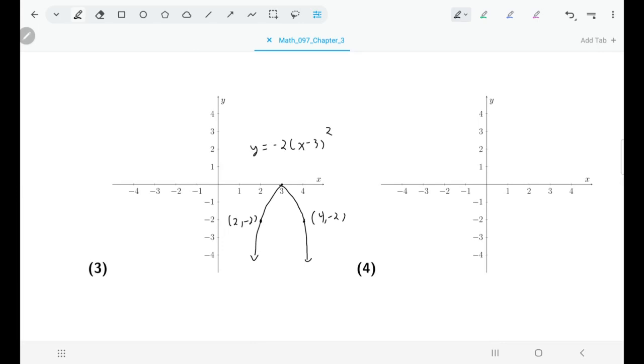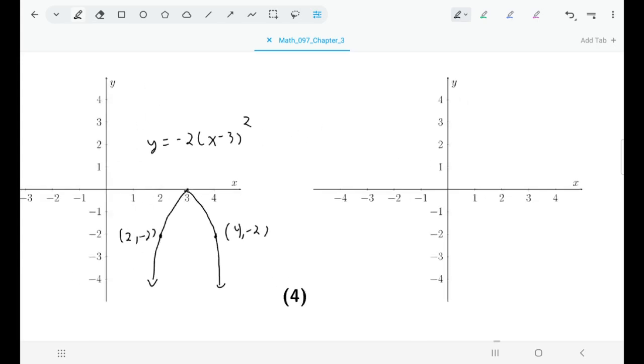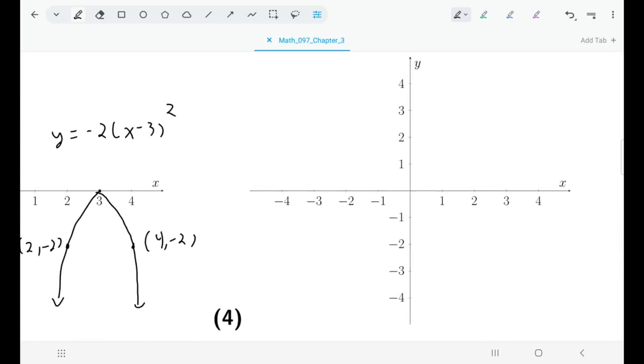And then the last transformation that we had was a shift upwards by 2 units. So I'm going to take those 3 points that I have and I'm going to add 2 to all of my y values. So instead of (4, negative 2), I'll have (4, 0). Instead of (3, 0), I'll have (3, 2). And instead of (2, negative 2), I'll have (2, 0).